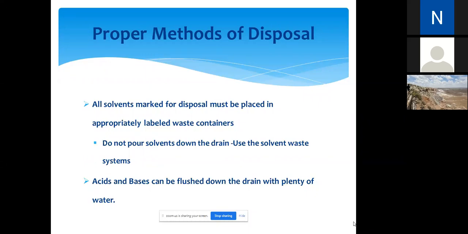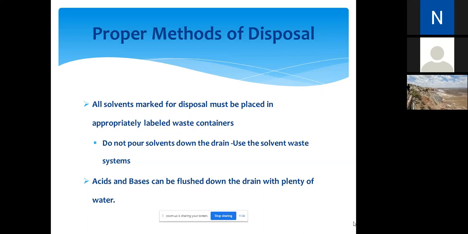However, if it's a mixture of nitric acid and maybe a metal, you can't throw that in the sink. So every lab or every clean room out there usually has different vessels for disposing different things.